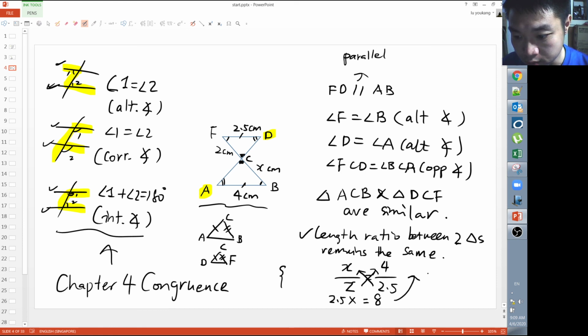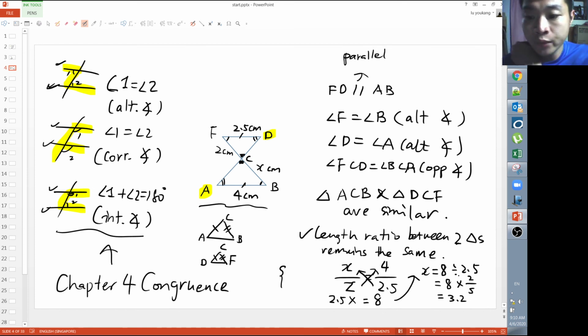So your x is equal to 8 divided by 2.5, and dividing by 5 over 2 is times 2 over 5. So you get 16 over 5, and 16 over 5 is 3.2. So the value of your x is 3.2.